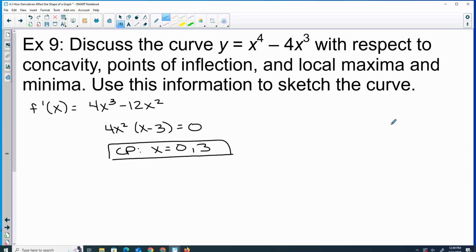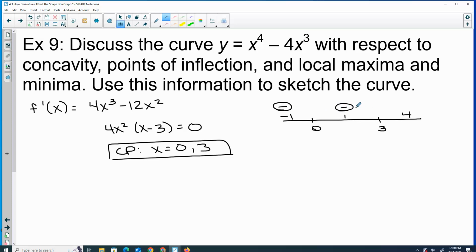Now, if I want to find maxes and mins, increasing and decreasing, I need a sign line: smaller than 0, in between 0 and 3, bigger than 3. If I put in -1, -1 squared is positive, -1 minus 3 is negative, so this section is negative. I put in a 1: 4 times 1 squared is positive, 1 minus 3 is negative, so it's still negative.